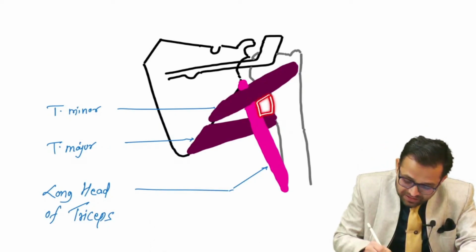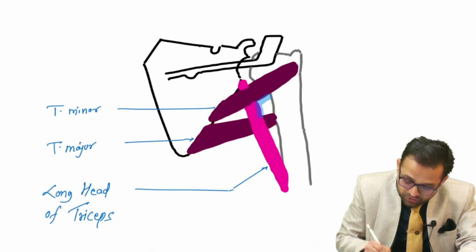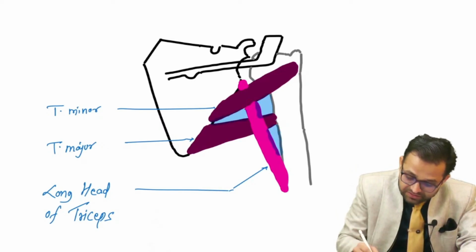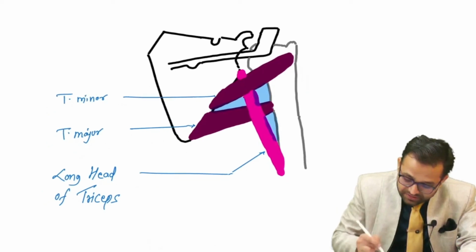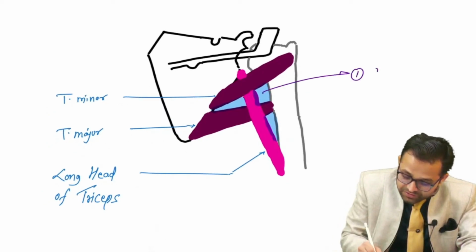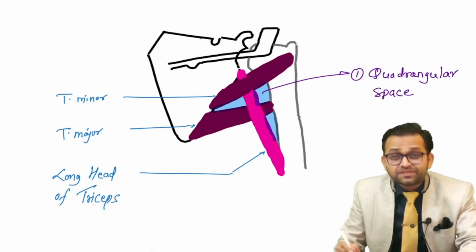You are seeing this, beta: this is the upper quadrangular, this is the upper triangular and here is the lower triangular. Yes sir. So you can observe clearly, sir, upper quadrangular, upper triangular and lower triangular. So I am mentioning here the three spaces. What are our different three spaces? Sir, there is our first quadrangular space.